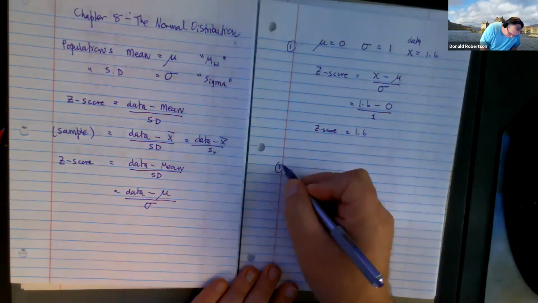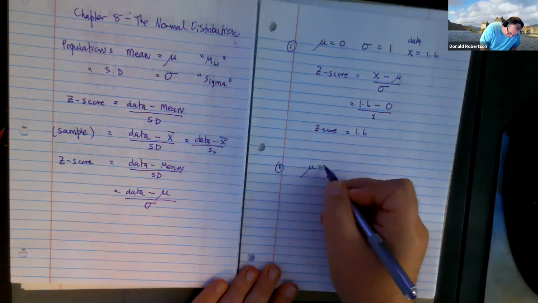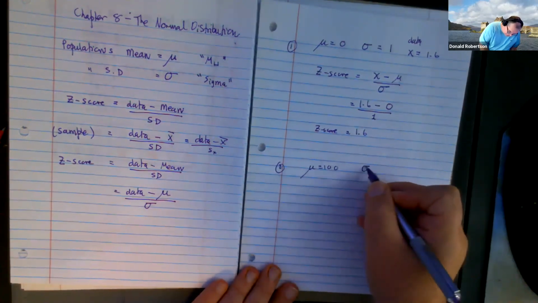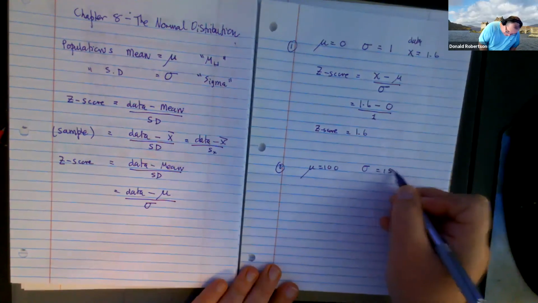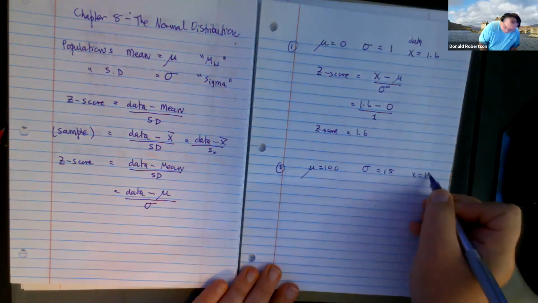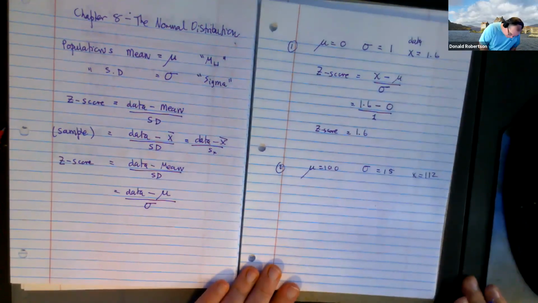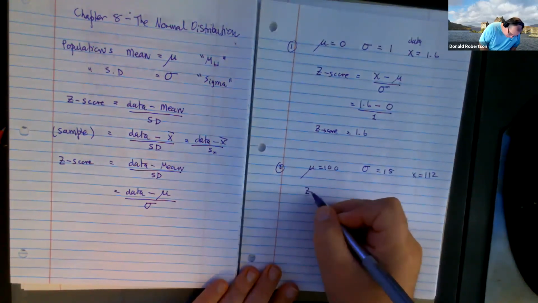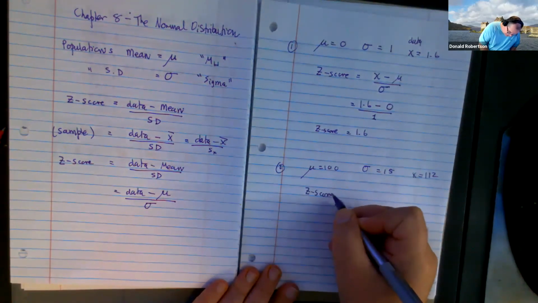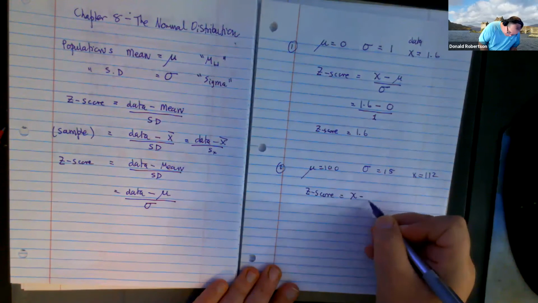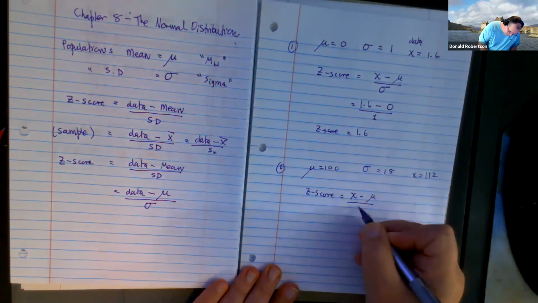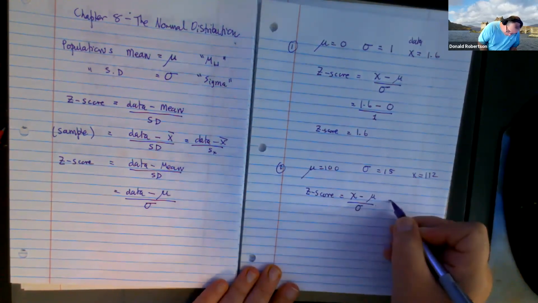Question 2, the mean is 100, standard deviation is 15, and the data is 112. If you want to get the z-score, data, take away the mean, divided by the standard deviation.